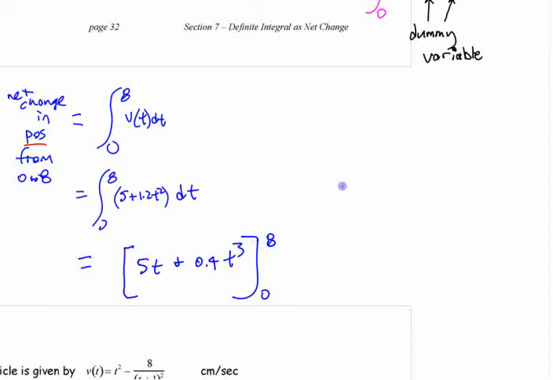We're going to use 8. The units of this velocity were miles per hour. If we integrate this where these are seconds, this is going to give us miles per hour times seconds, which are weird units.